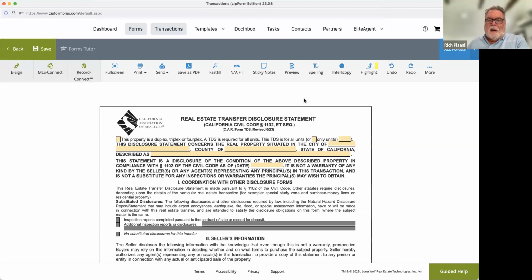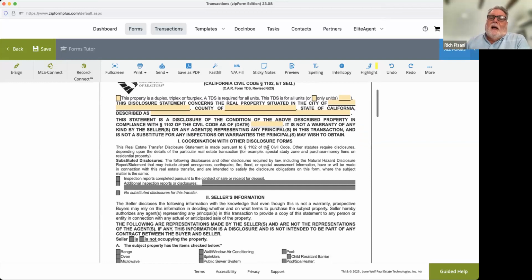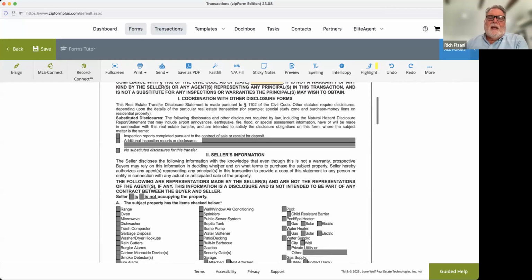This specific form, the TDS, is not required in those cases. Once again, it's residential 1 to 4. You have to put the city, the county, and the property address. Please date it. That's important. And once again, you are going to check no substituted disclosures for this transfer.